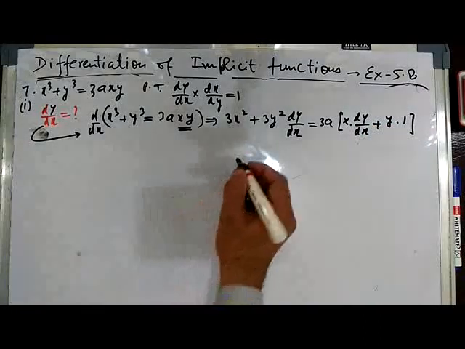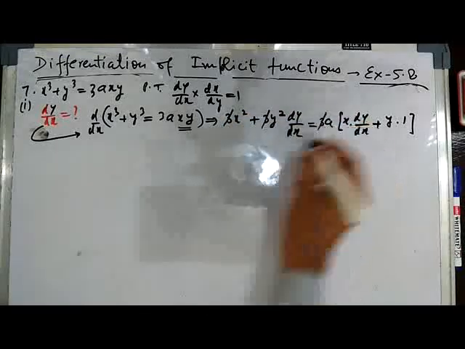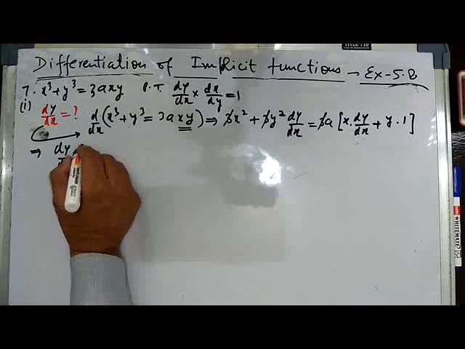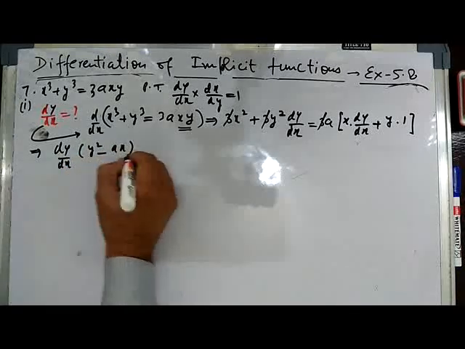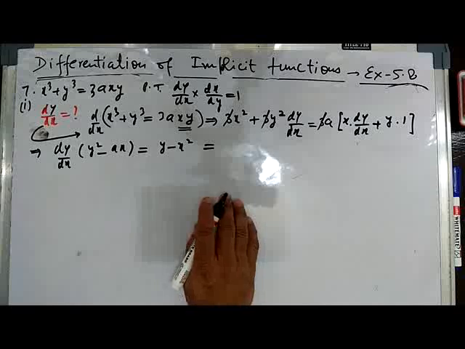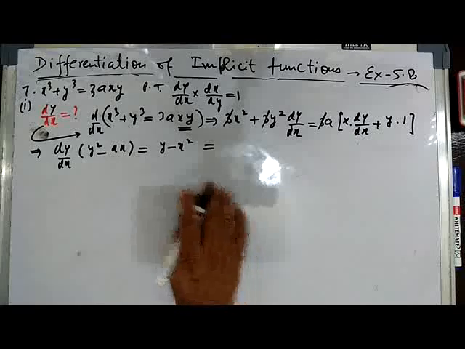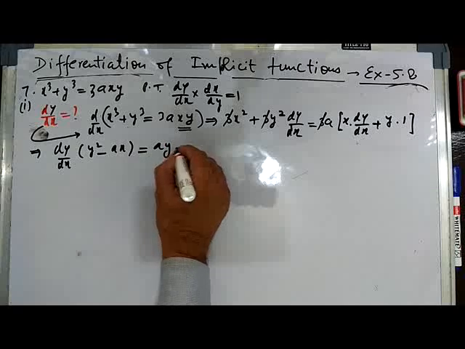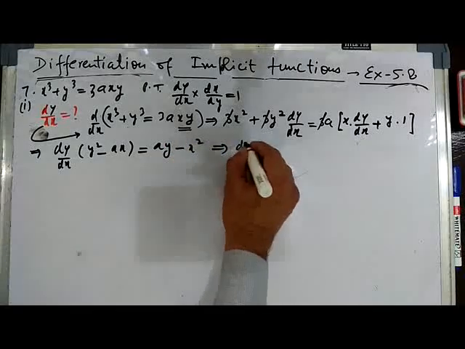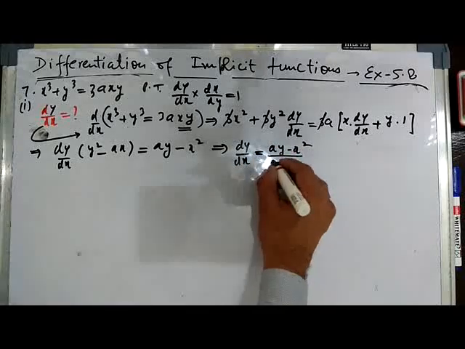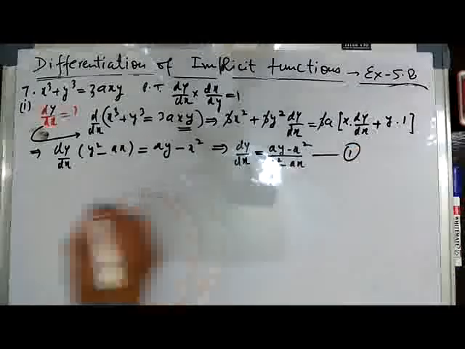So now 3 can be common and cancelled, and then dy/dx will be nothing but y square dy/dx minus ax dy/dx equals ay minus x square. So it becomes dy/dx equals ay minus x square, whole upon y square minus ax. This is, suppose, 1.